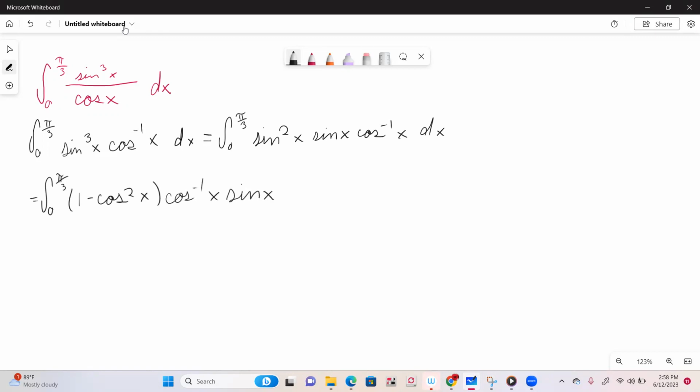And the reason I did this, turning sine squared into cosine, is I can use u substitution now. When I do u substitution for cosine, the derivative turns into negative sine, so it makes me be able to cancel those out. So everything is in terms of cosine, which will be converted into u.